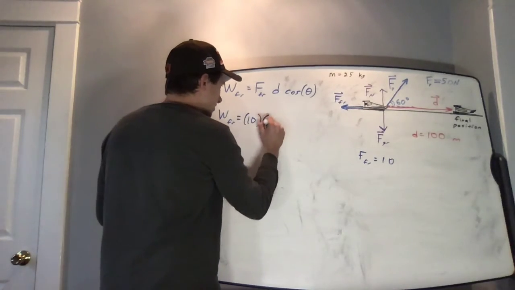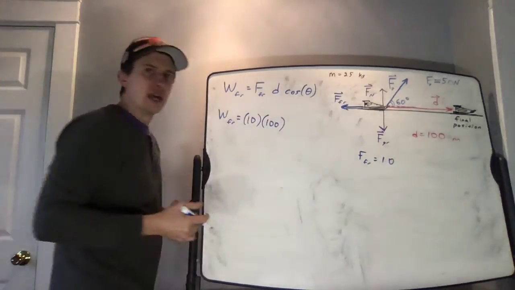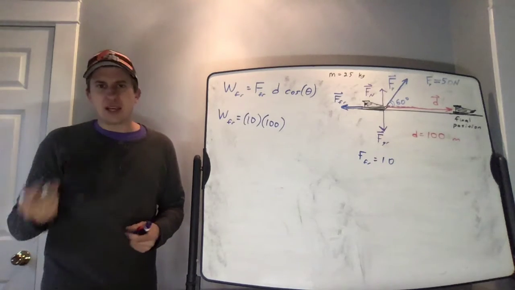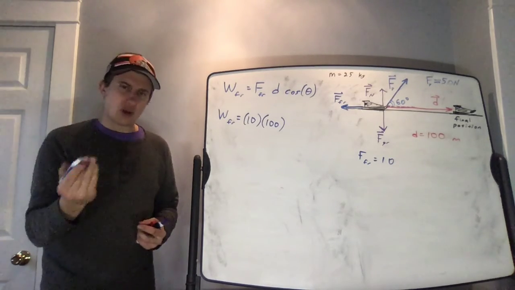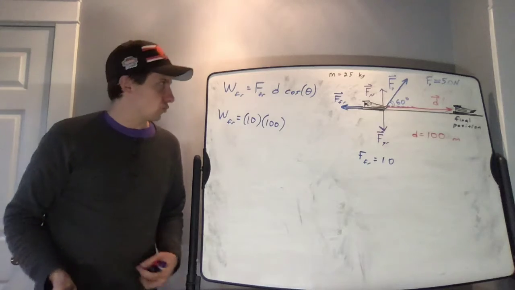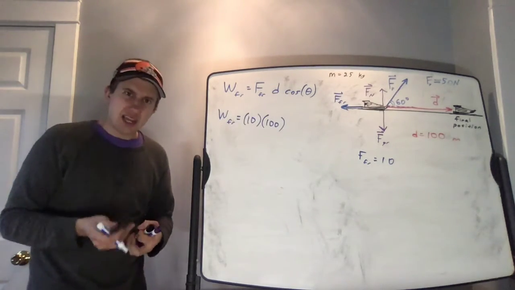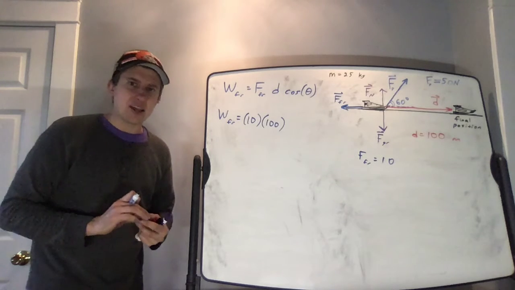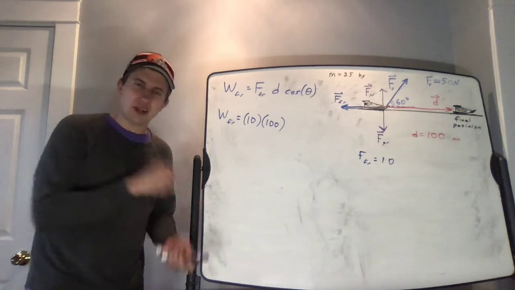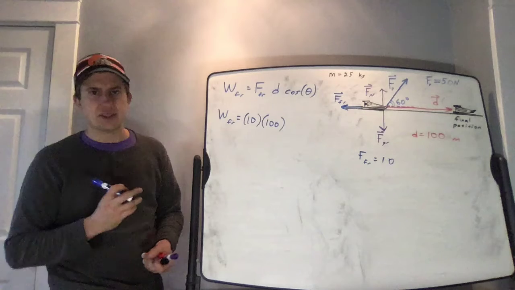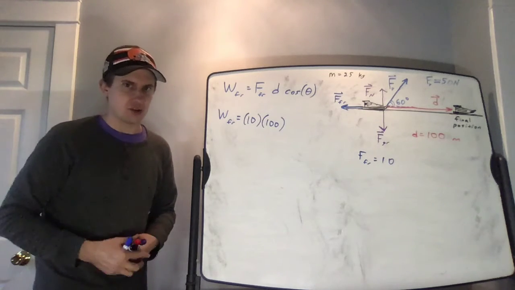So I have positive 100 over here. Now we do actually account for the relative direction of these vectors when we plug in an angle for theta. Theta is defined as the angle between the force vector that we are considering and the displacement vector that we are considering.